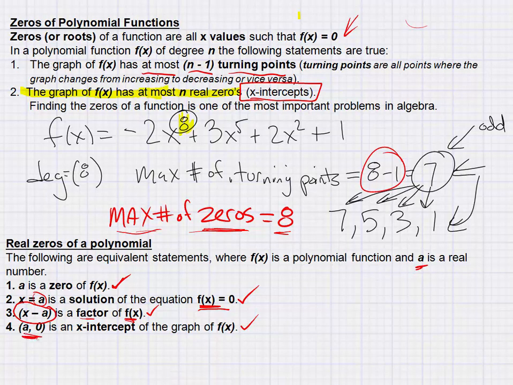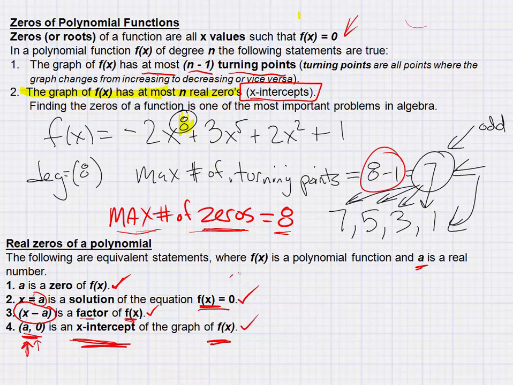Also, if a is a zero, then the point a comma 0 is an x-intercept for the graph of the function. And that's the key graphically of what zeros mean for the graph. That's why zeros are so important. When we're trying to put a graph together, we're finding zeros, we're actually finding the x-intercepts, which really defines the central location for the graph itself.